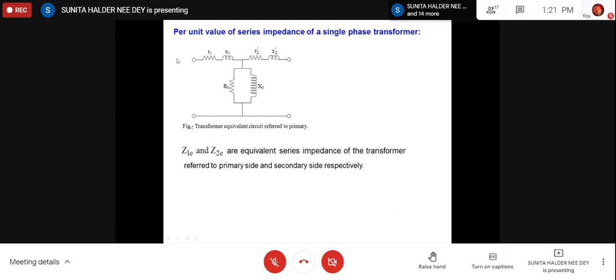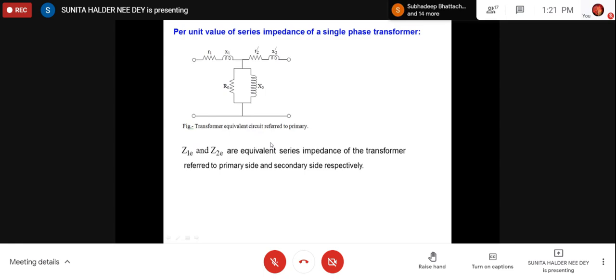Then we can represent this equivalent circuit referred to primary or referred to secondary as per our requirement. Now, in case of power system application, we do not bother much about the shunt branch of the equivalent circuit. Why?